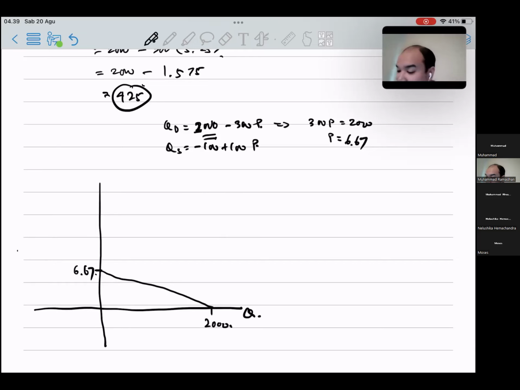And then for the supply curve, you can do the same way.